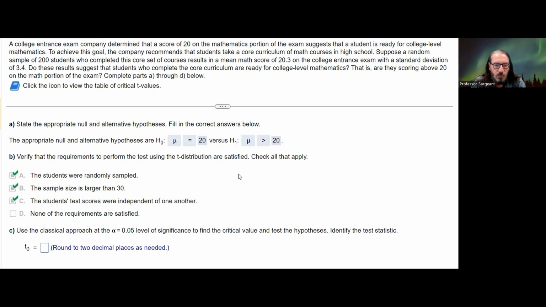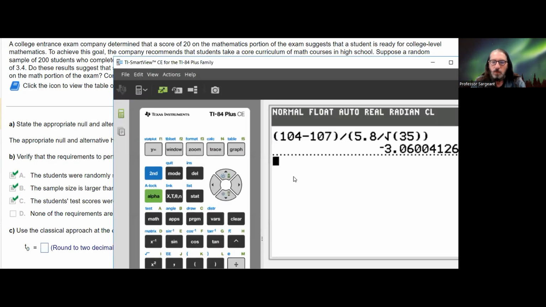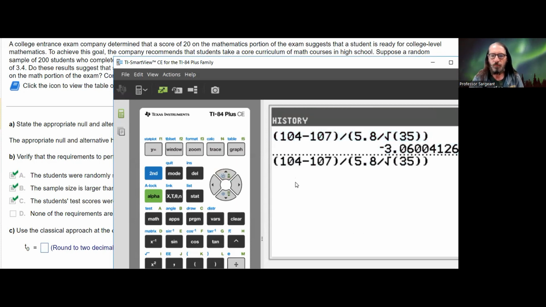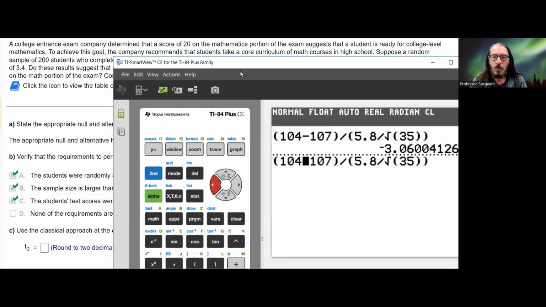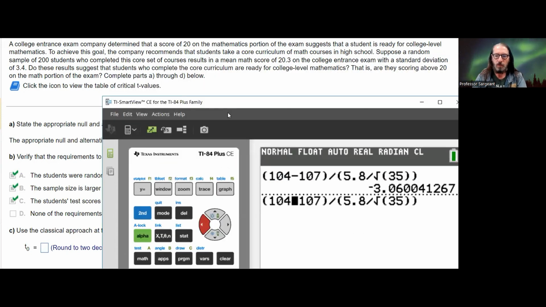Use the classical approach. Okay, so first of all, same formula. By the way, in that previous example, notice that I put parentheses around the subtraction in the numerator and around the mini fraction in the denominator. So we had an x bar of 20.3, and we're going to subtract from that the claimed mean of 20.